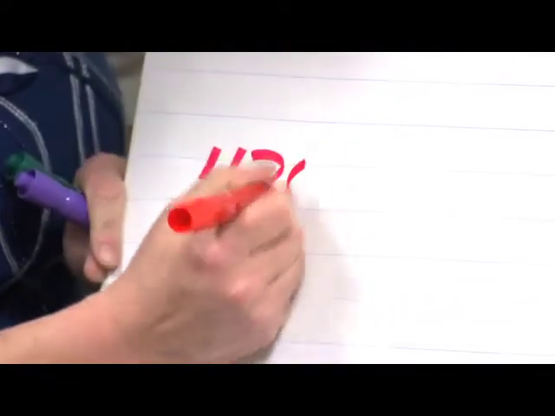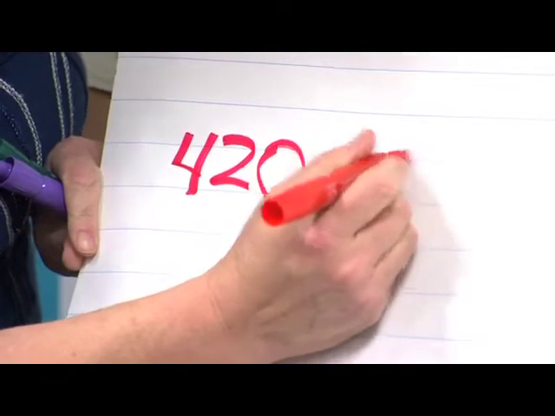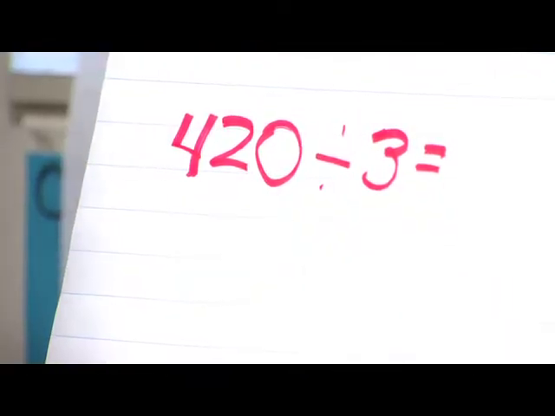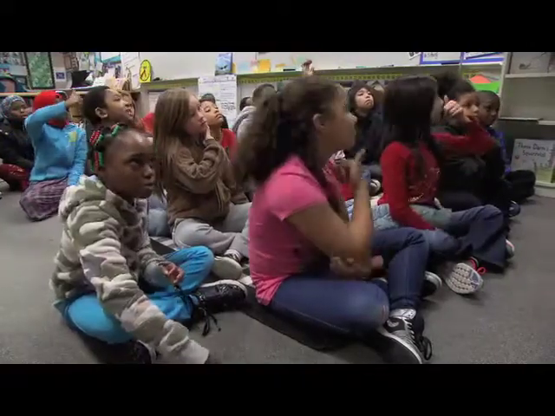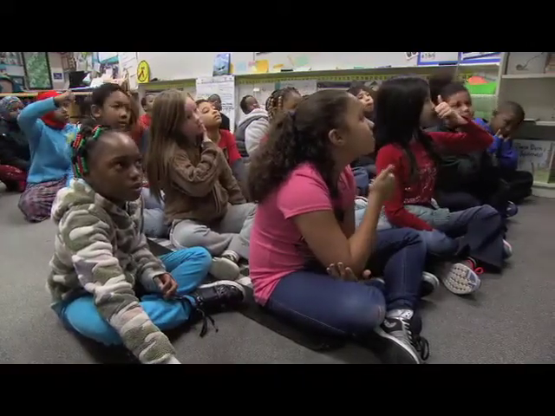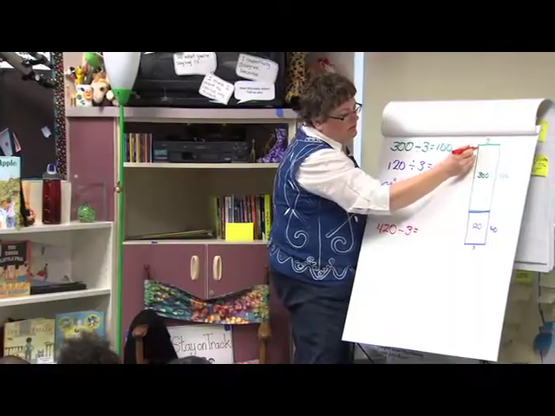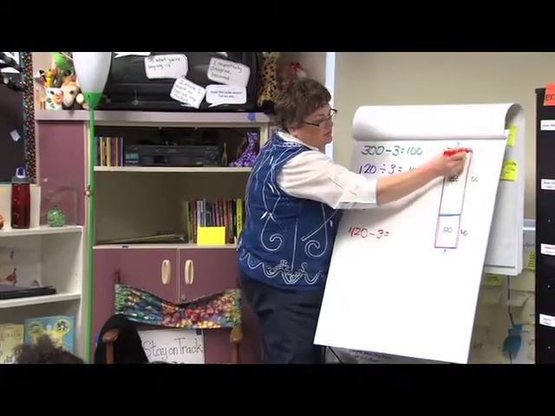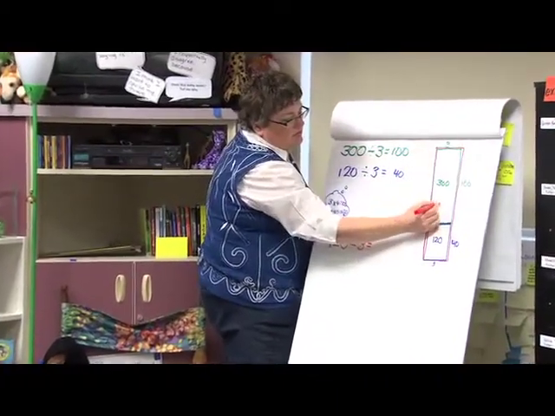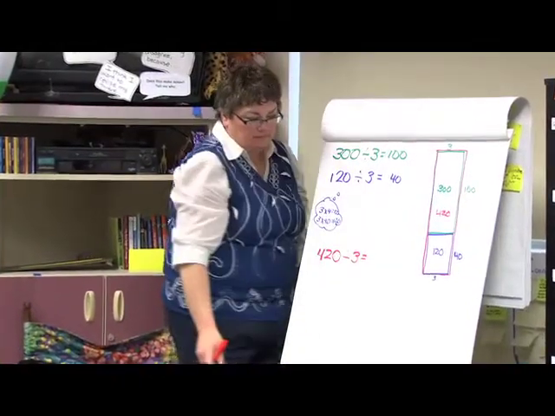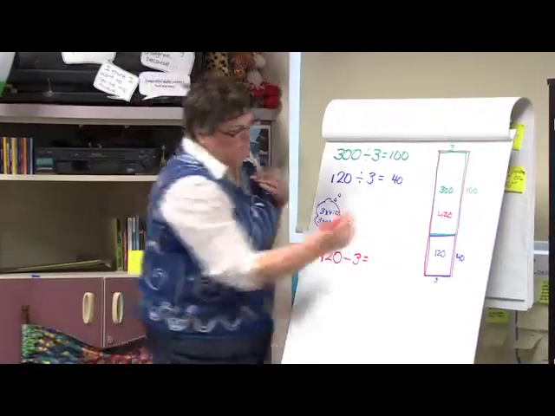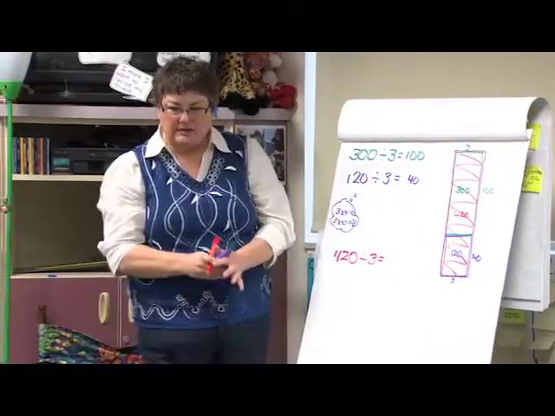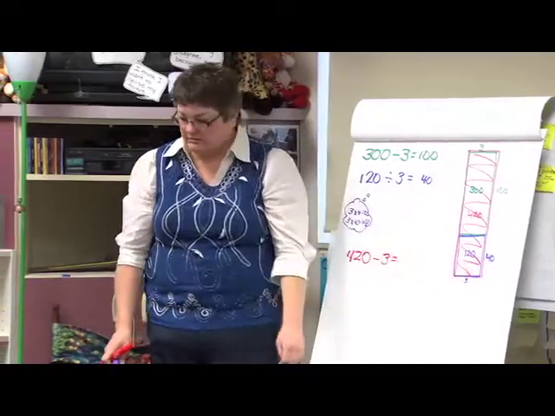So now, let's look at my notes. Divided by 3 equals. Oh. Thumb when you think you have an idea. And while you're thinking, I'm going to draw, because now this whole thing is 420.